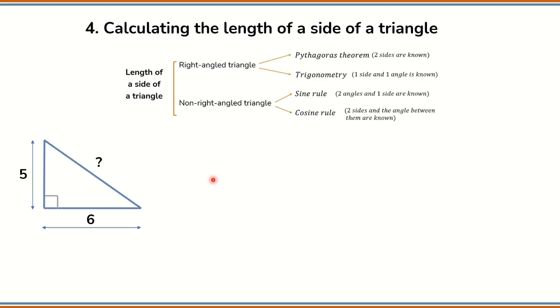Example 4. We have to calculate the length of this side of the triangle. It's a right angle triangle, and two sides are known, so we can apply Pythagoras theorem.